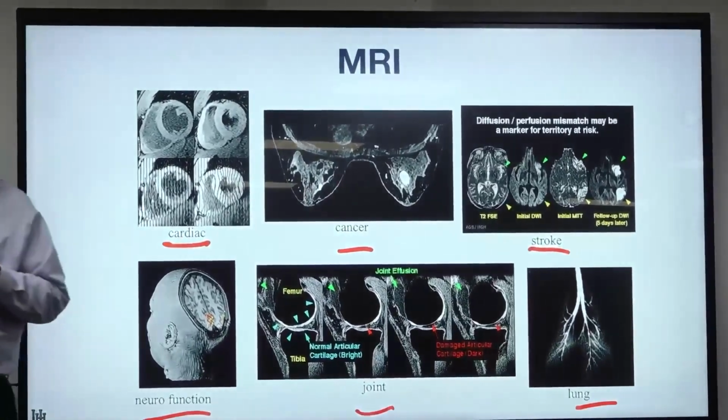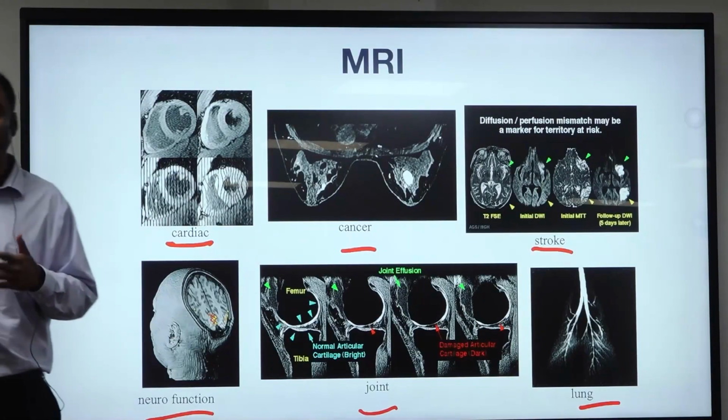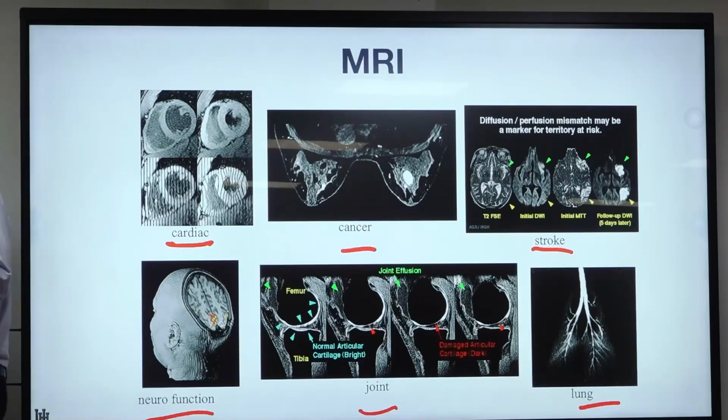The resolution you can get from MRI depends on the magnetic field, and the higher the magnetic field, the better quality images you can get. But making magnetic fields requires superconductors, very expensive cooling, and a lot of different things.